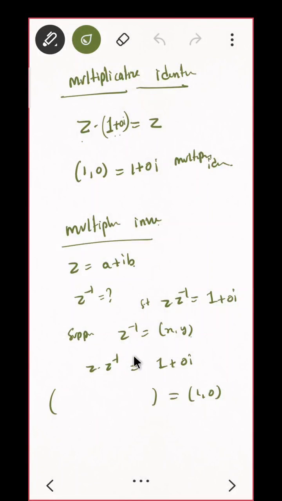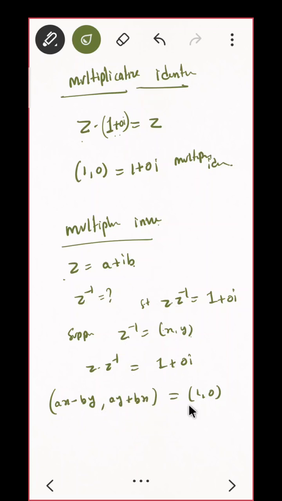So what are the things here? We are having z here, z inverse here, real part is ax minus by, correct, and the next part will be ay plus bx. I hope that is clear to you.